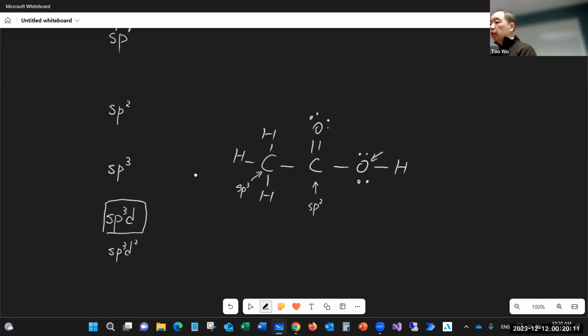What is the hybridization for this oxygen? sp3. Good. Because they have 2 single bonds and 2 lone pairs, 4 electron domain. So sp3. What is the hybridization for this oxygen? sp2 hybridization. Because this oxygen has 1 double bond, which is 1 electron domain, and 2 lone pairs. Okay, so this is sp2 hybridization.